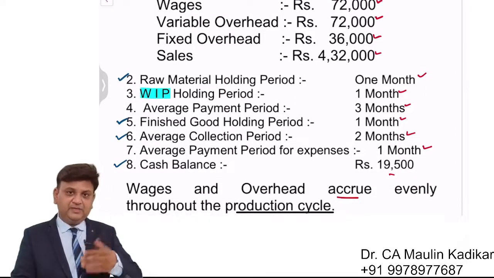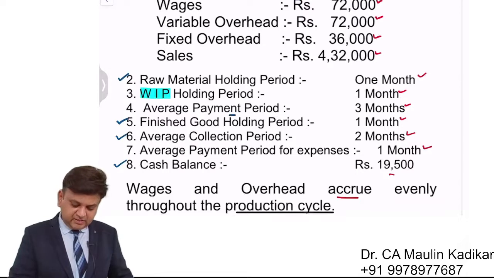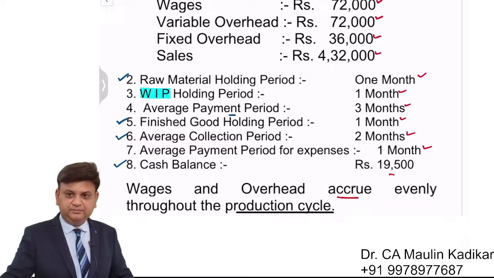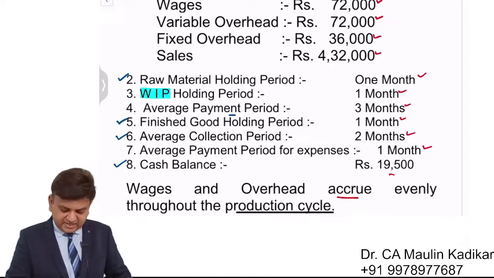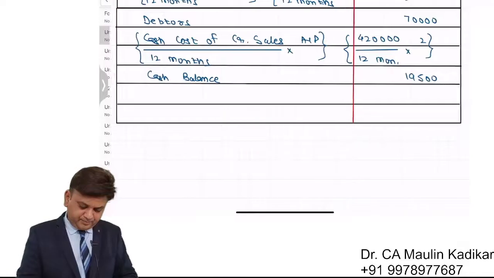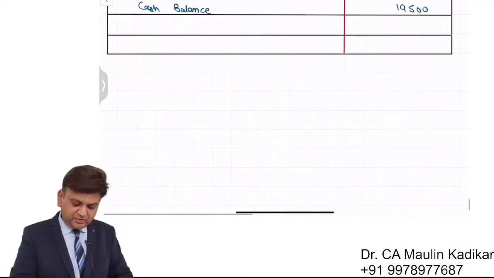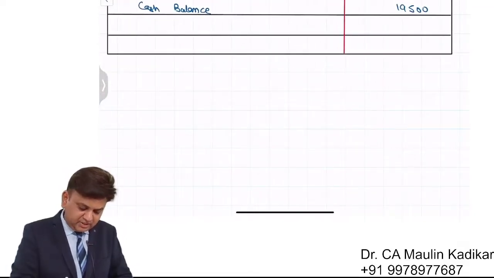Now we'll show the liabilities. In that, the creditors for raw material, and next, the creditors for expenses. So write down the answer along with me. Creditors for raw material.